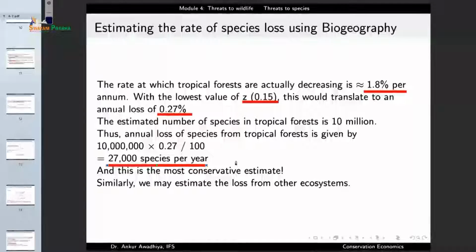So taking a very conservative estimate of the lowest value of Z, we are finding that we are losing as many as 27,000 species from the tropical forest every year. And this is only talking about the tropical forest, because the impact of human beings is there on all different kinds of habitats.